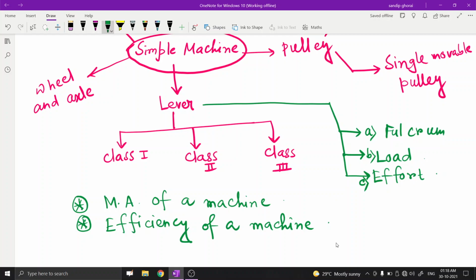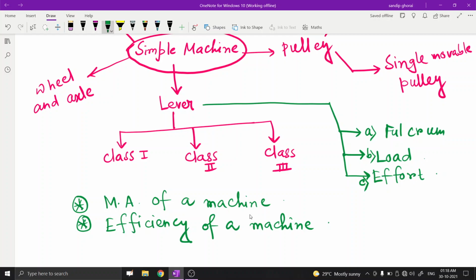And what is the definition of mechanical advantage? Mechanical advantage is the ratio of load and effort. That means load is one type of force and effort is also one type of force. So mechanical advantage is the ratio of two same quantities, that is force, so mechanical advantage has no unit.